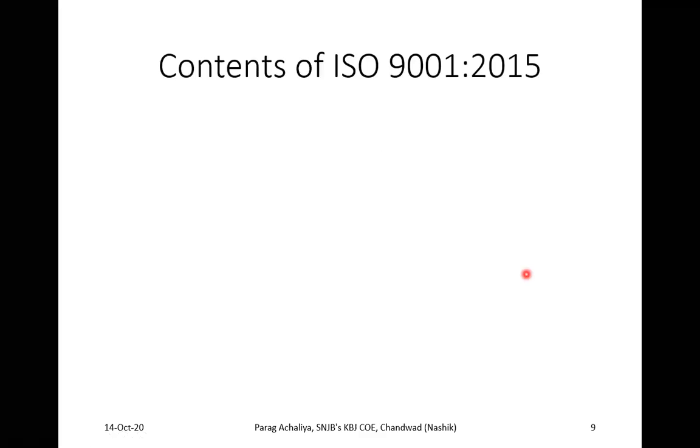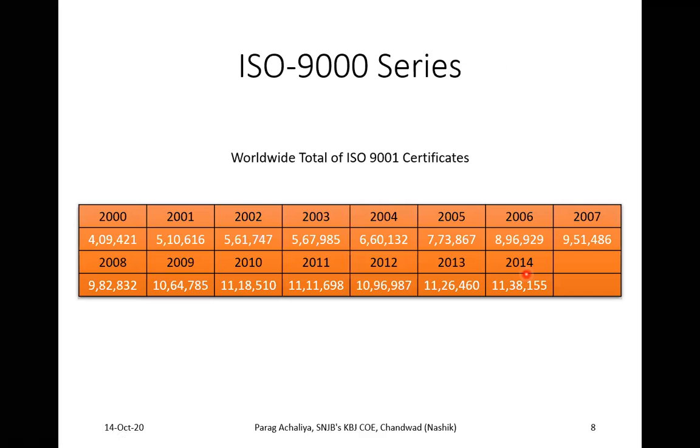What are the different contents of ISO 9001:2015? You can see that up to 2014 we have the figures with us. In 2015 they introduced a new activity, a new procedure. That's why the figures from 2015 were absent.